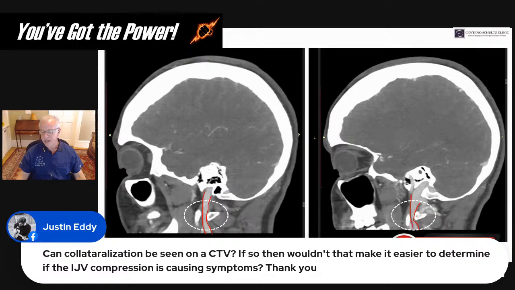That's the IJV that I'm outlining. And you can see she's got active collateralization. So instead of the blood and fluids going down this way, they're going this way. You can see the collateralization right there. So they're heading in a completely different direction.